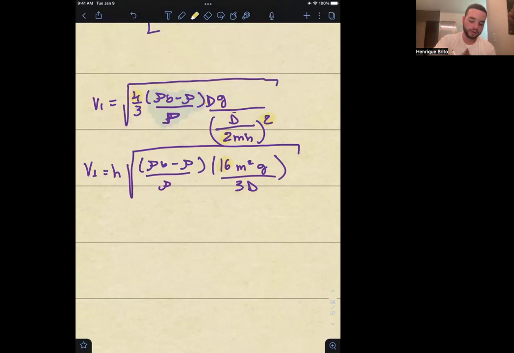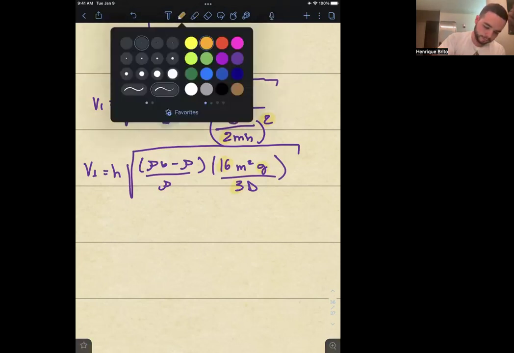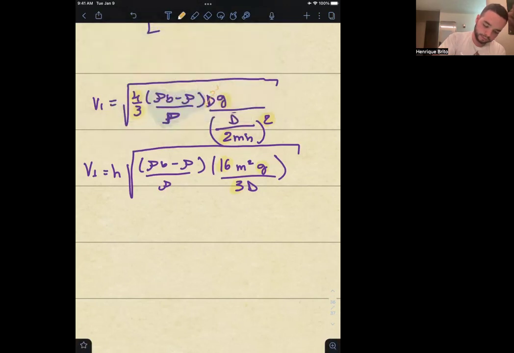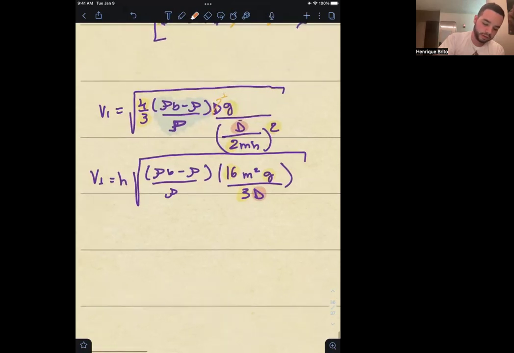So the 3 remains the same. That remains the same. This remains the same. This is squared, so this eventually becomes 1. And then d is just d, so h is finally out here, which is what we were trying to do this whole time.